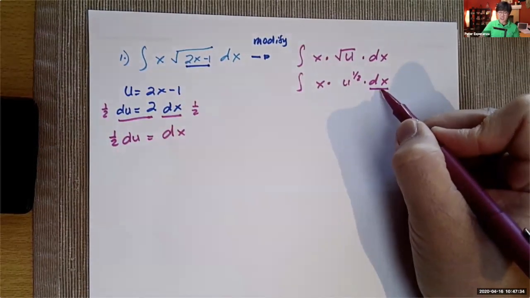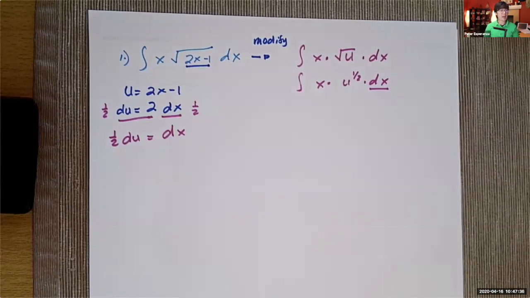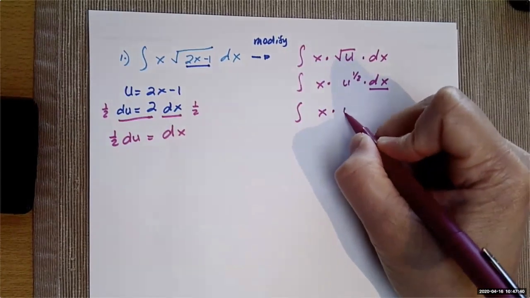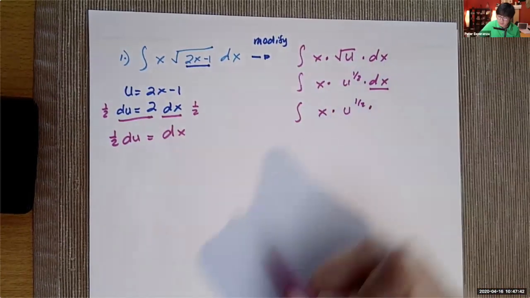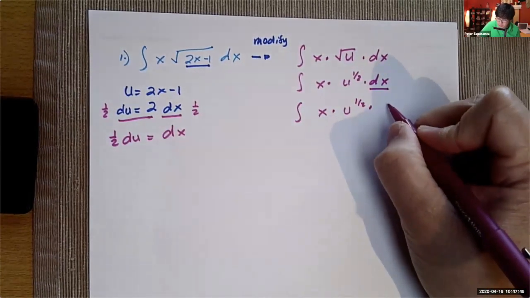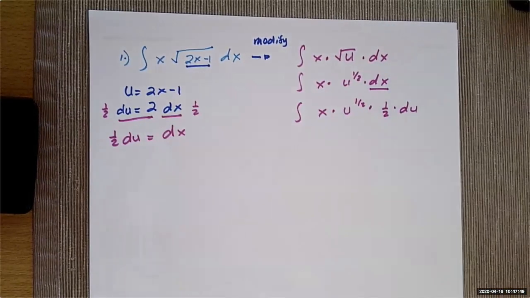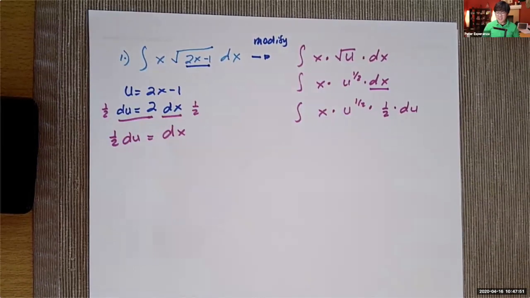Now, we can change the dx into 1/2 du. So the integral of x times u to the 1/2 times dx is now going to change into x times u to the 1/2 times 1/2 du. But we still have an annoying x.